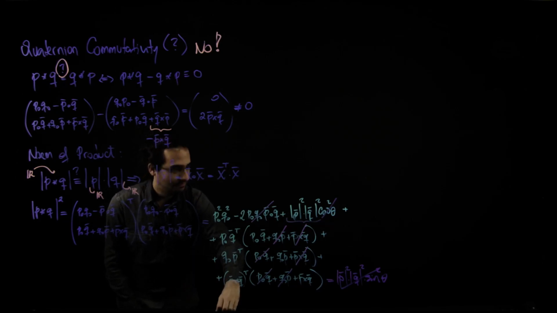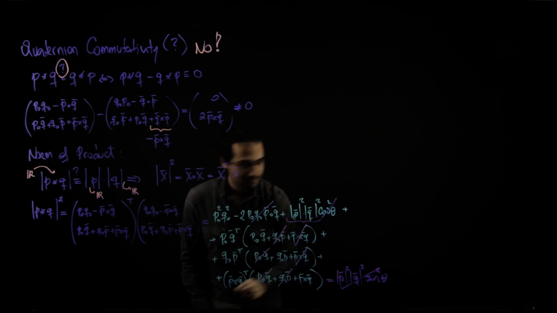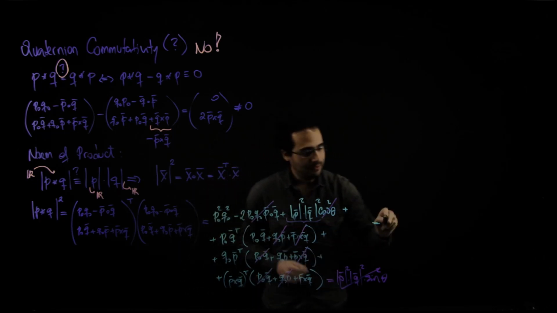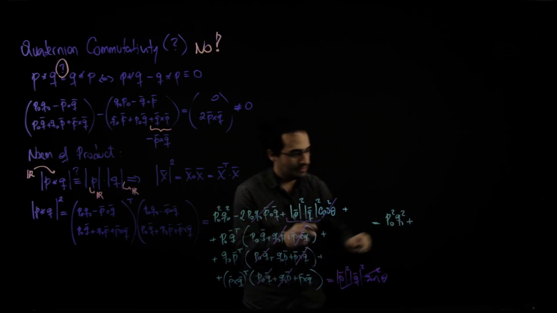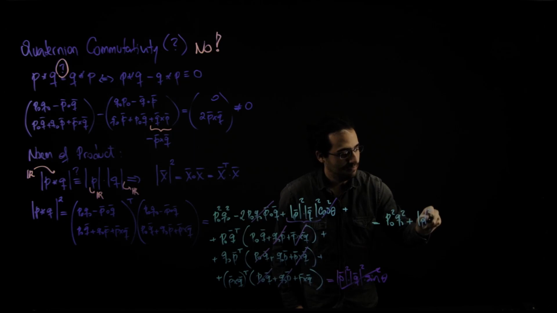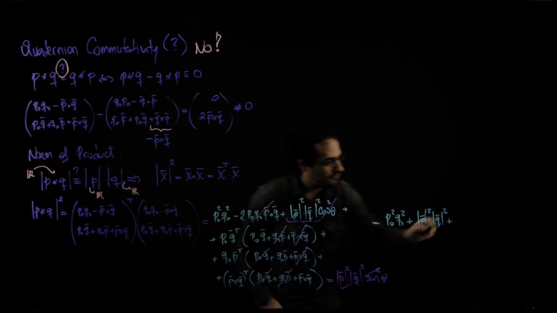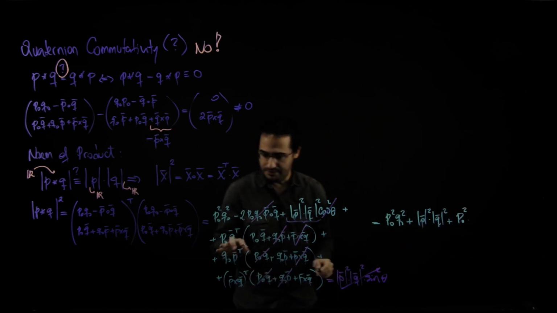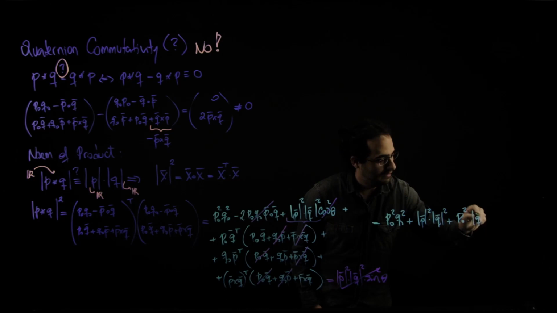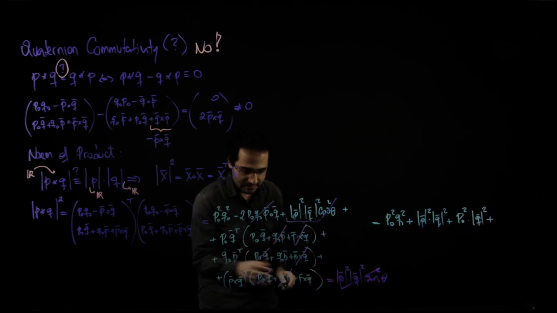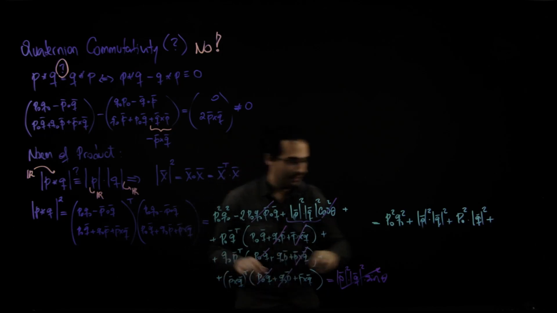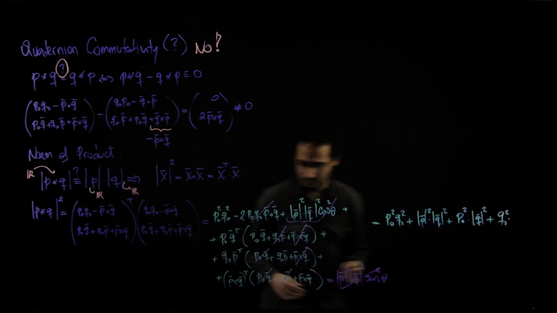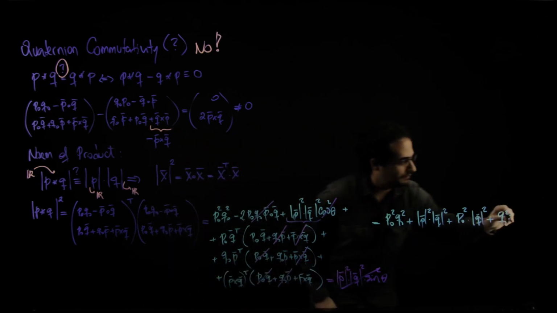So overall, what remains is P0 Q0 squared plus this term over here, which is P squared Q, plus this one, which will be P0 squared times the norm squared of Q, plus Q0 squared, so the Q0 squared times P squared.